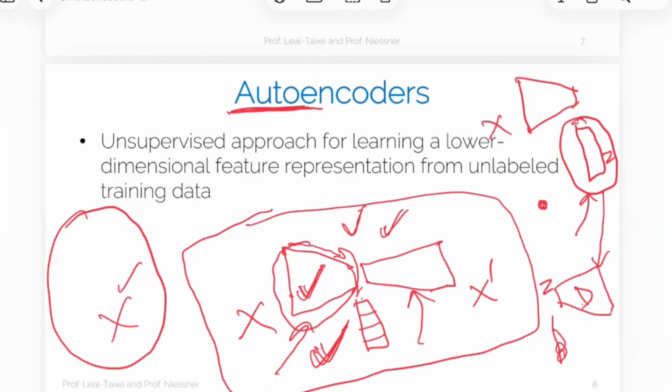Now the receiver takes the Z it got from the sender and gives it to the decoder, and the decoder reconstructs the actual message. So this is one application where it can be used.